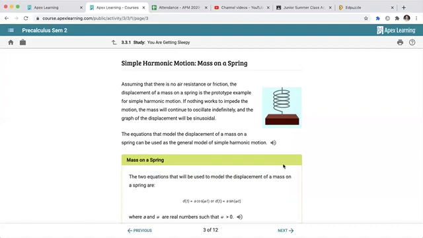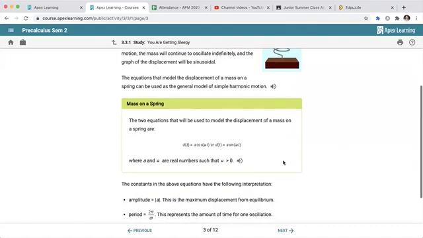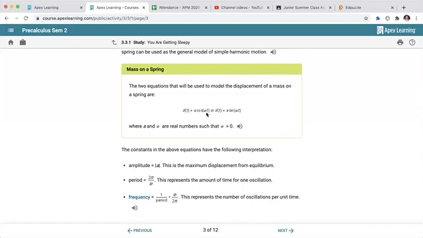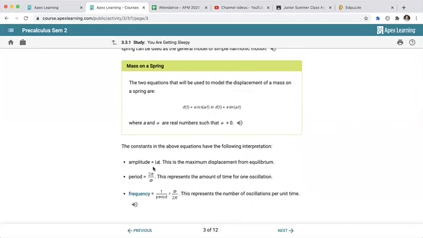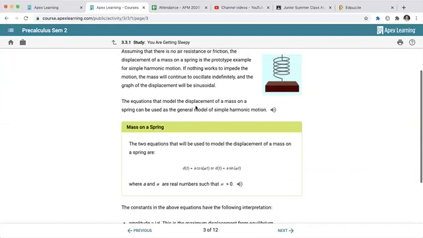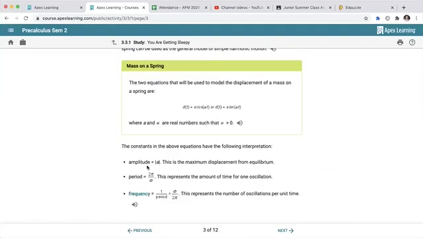But if we look at the two equations here, taking a second, we've got A cosine of wt or A sine of wt. Regardless, the amplitude, the max displacement, is going to be the value of A, and that should be familiar to us. Amplitude is the displacement from the equilibrium, or from that middle point. So from the middle to the top or the middle to the bottom, that is our amplitude, and that's going to be that value out front, our A value, our constant value.